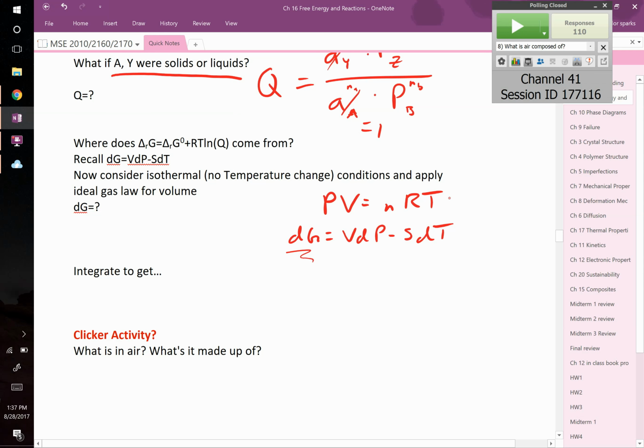If you solve for volume here, volume equals nRT over P, right? So if you plug that in, and then you assume that it's happening isothermally, meaning no temperature change, that allows this term to go away. That term goes to 0. So let's plug that in. Now we've got dG equals nRT over P.